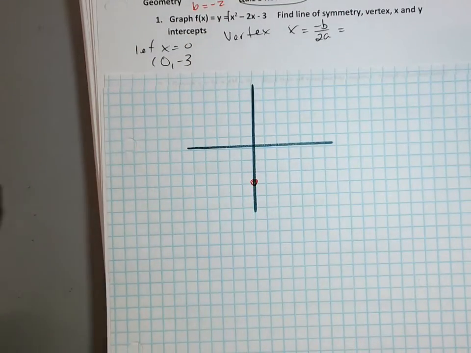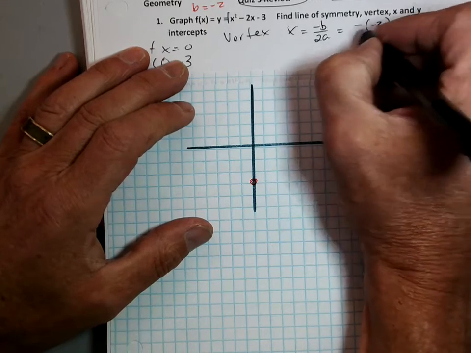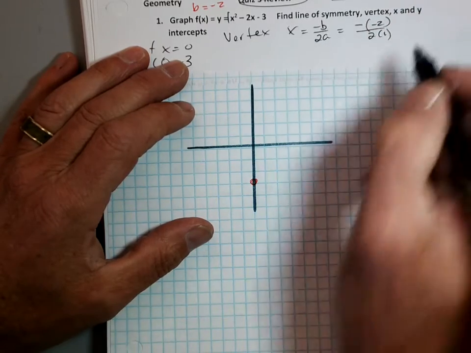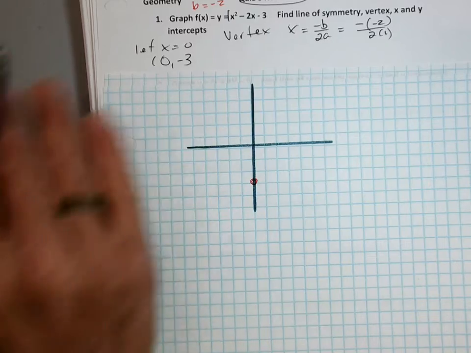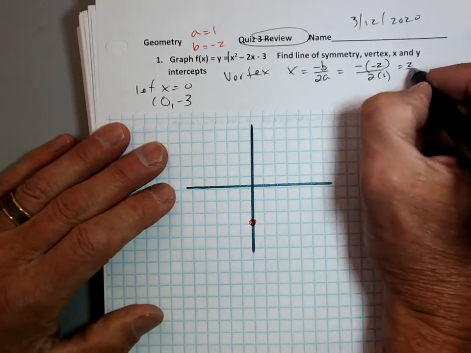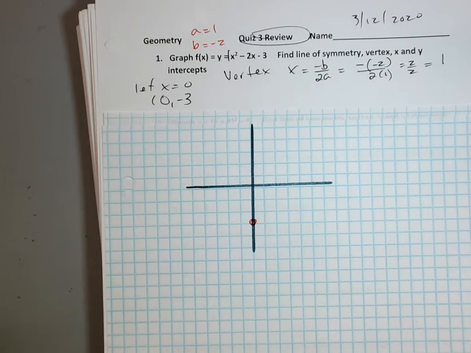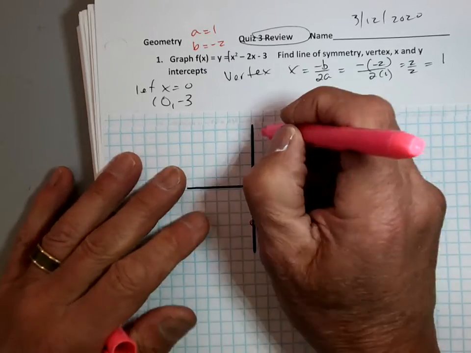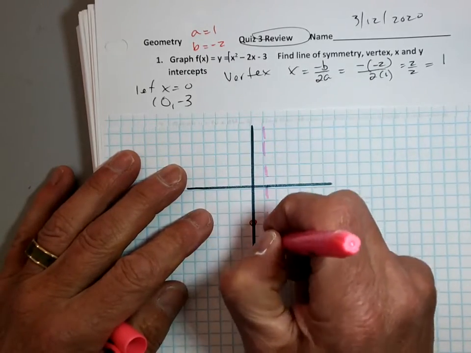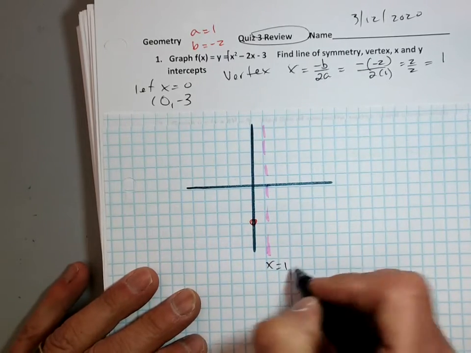So I'm going to do a -b, so -2 over 2 times 1. Okay, so I just plugged in my -b over 2a, which gives a positive 2 over 2, which is 1. So I know my line of symmetry is at x equals 1. That's my line of symmetry, x equals 1.